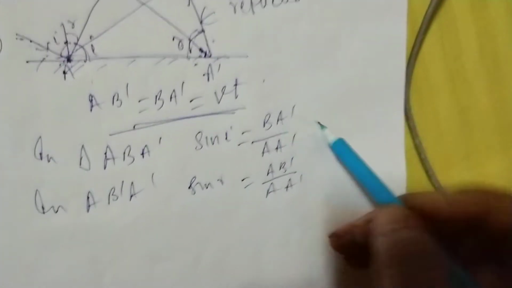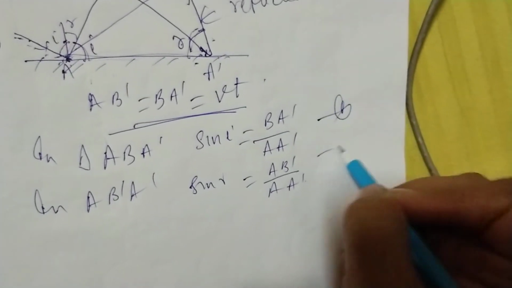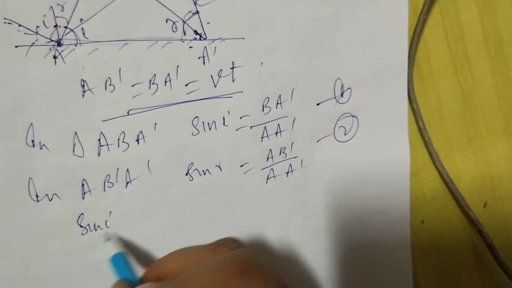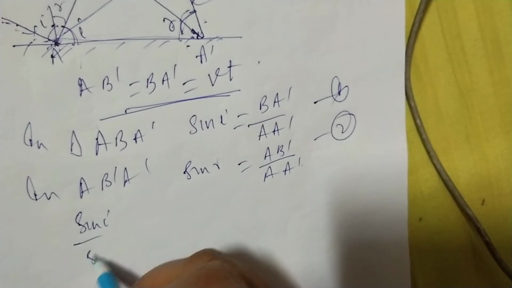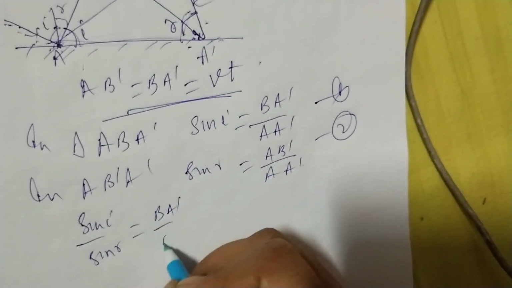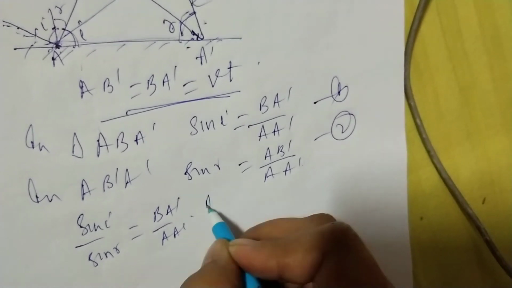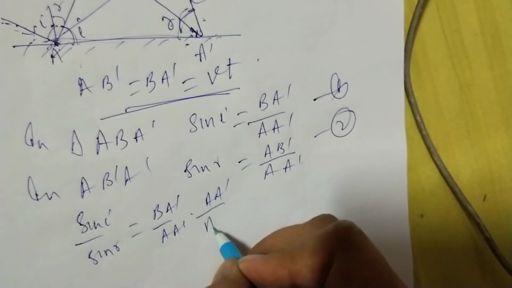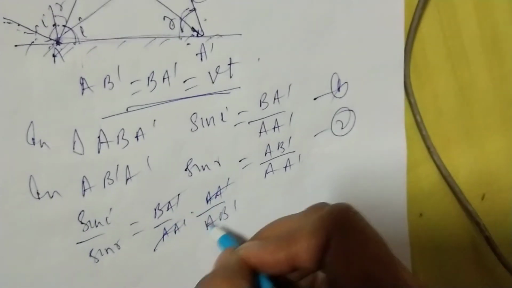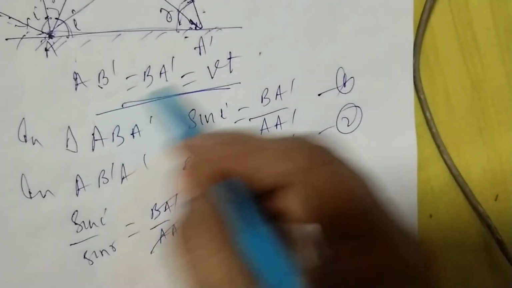Okay, now if you take this as equation 1 and equation 2, and divide, sine i by sine r equals BA dash by AA dash, times AA dash divided by AB dash. So this is gone and this is also gone, because these are equal, right?